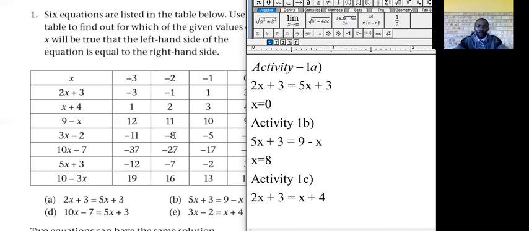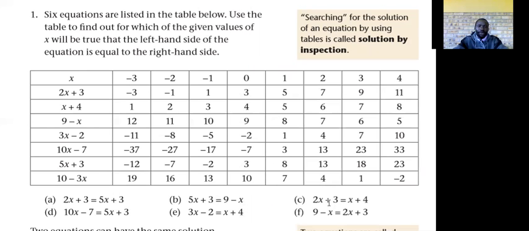Let's check. So on the left hand side, we have 2x plus 3. Let's highlight it just a little bit so that it's easy for us to see. So we are going to draw some things around it. So we have 2x plus 3.